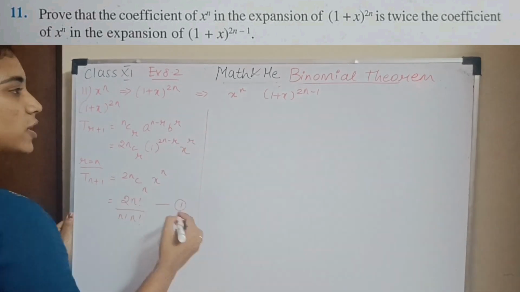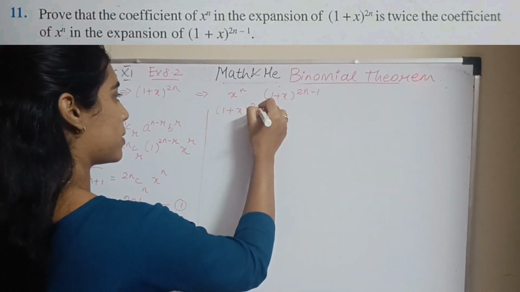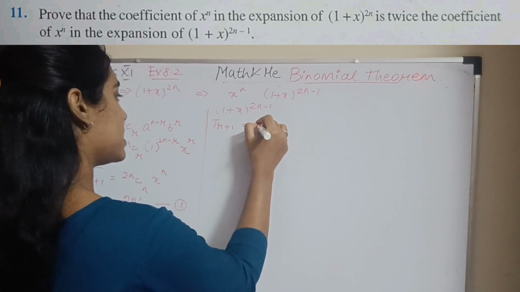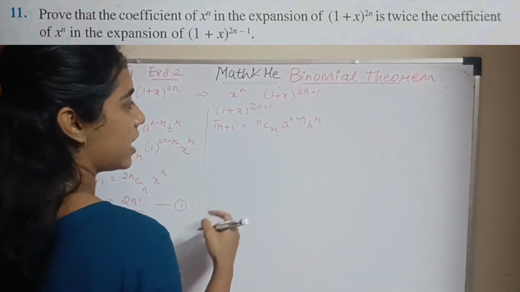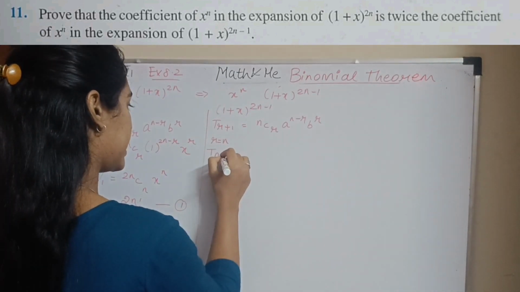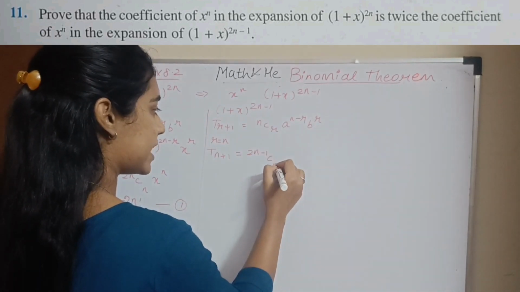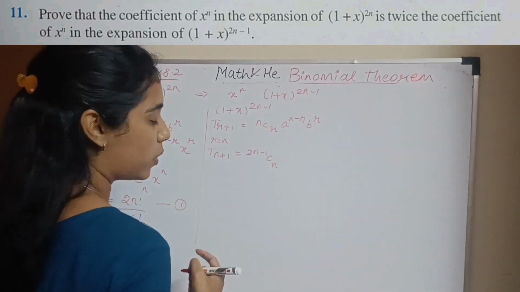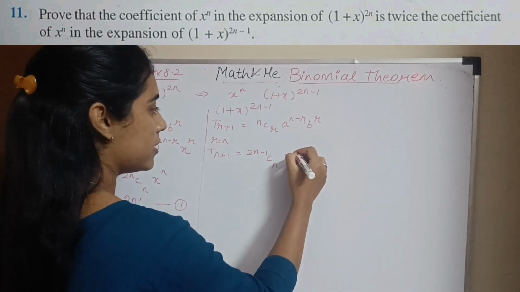Okay. What happens when I solve this? So in this case, it is 1 by x times (1 plus x) to the power 2n minus 1. So what is my T r plus 1? A general case, nCr a to the n minus r, b to the r. I need r to be n. So when my r is n, T of n plus 1 equals (2n minus 1)Cn of a to some power. So 1 to any power is 1 itself, times, what is my b? x to the power n.